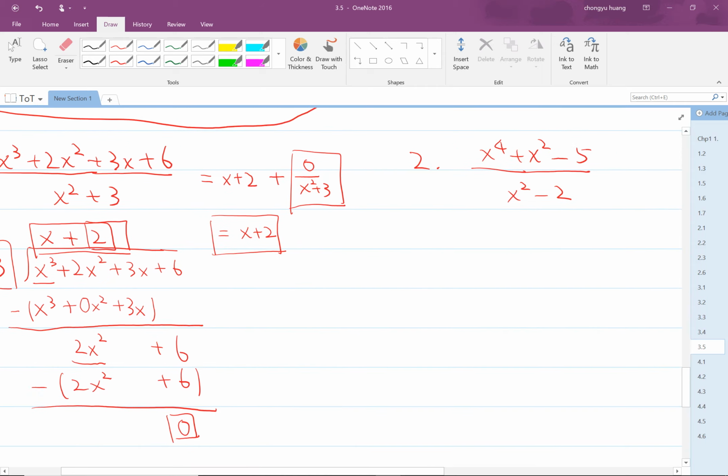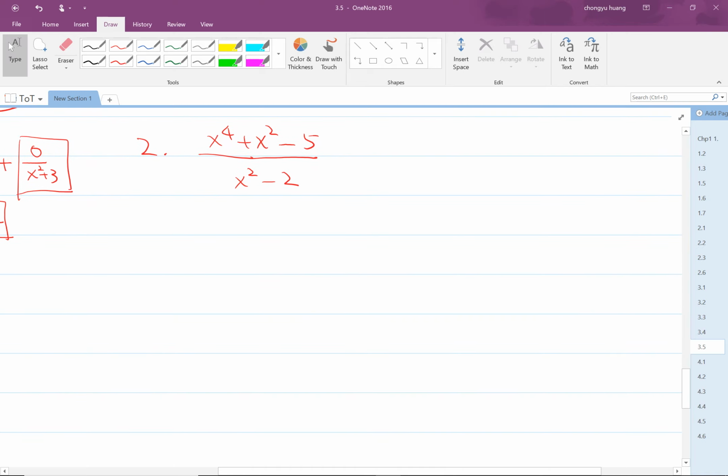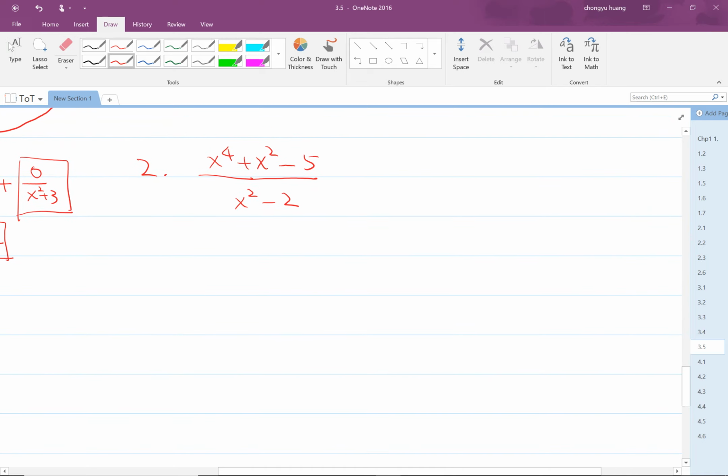So now let's move on to question 2. Question 2 was, as always, you write it down: x to the power 4 plus x to the power 2 minus 5 divided by x to the power 2 minus 2. First of all we want to get rid of x to the power 4, so you multiply x to the power 2.